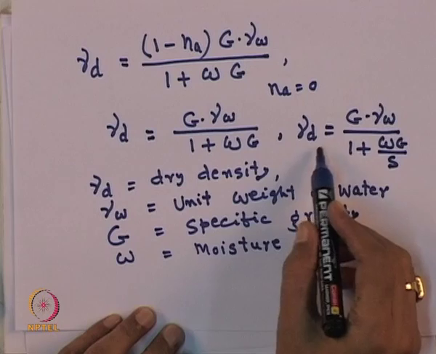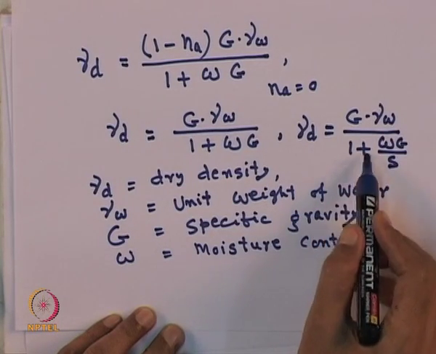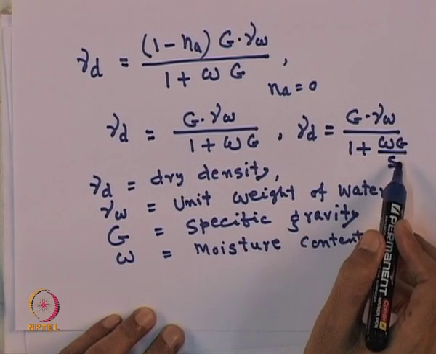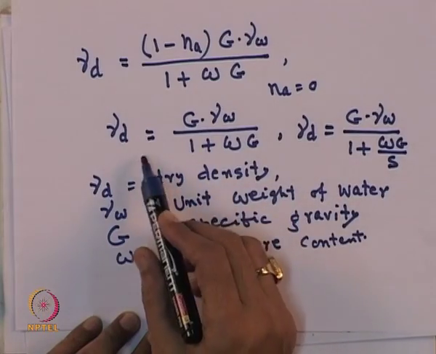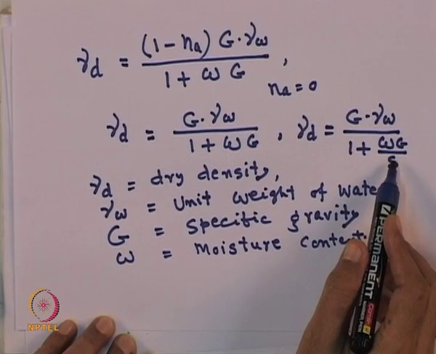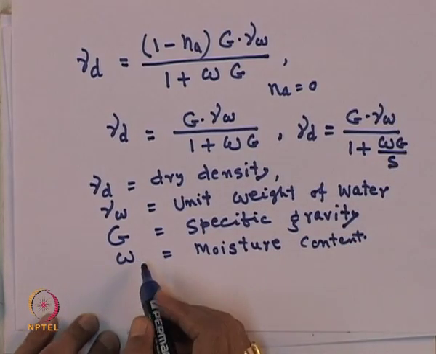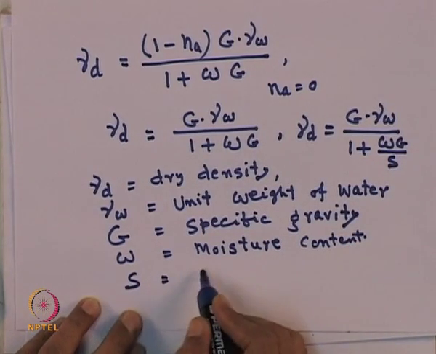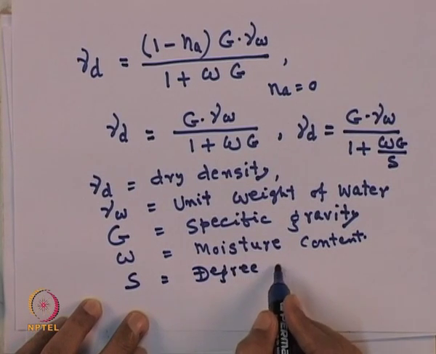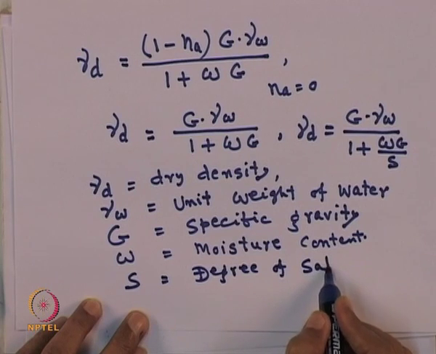That means the equation will be gamma d equals G gamma w divided by 1 plus w G. So, the S value may vary. For example, if it is 100% S value, then the equation will be gamma d equals G gamma w divided by 1 plus w G. That means this is 100% degree of saturation. So, here S is equal to the degree of saturation.